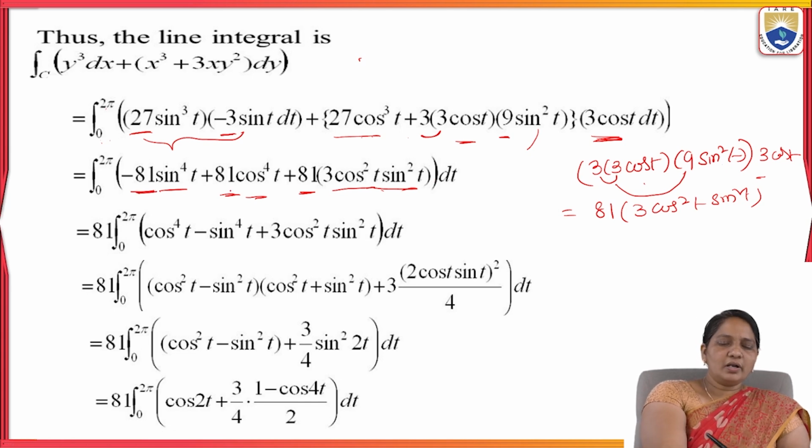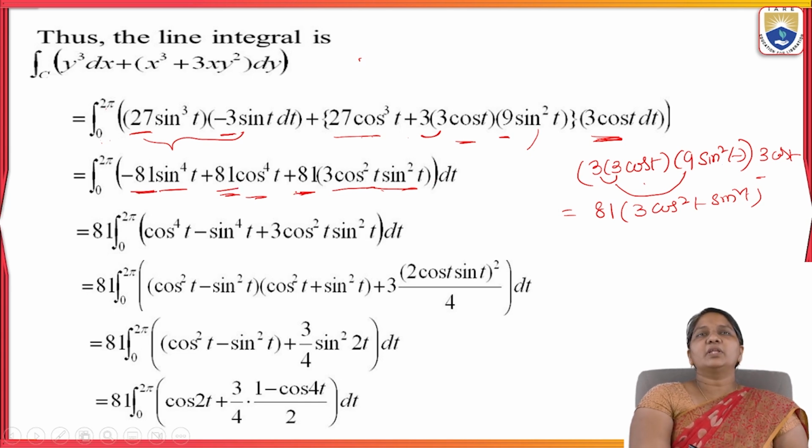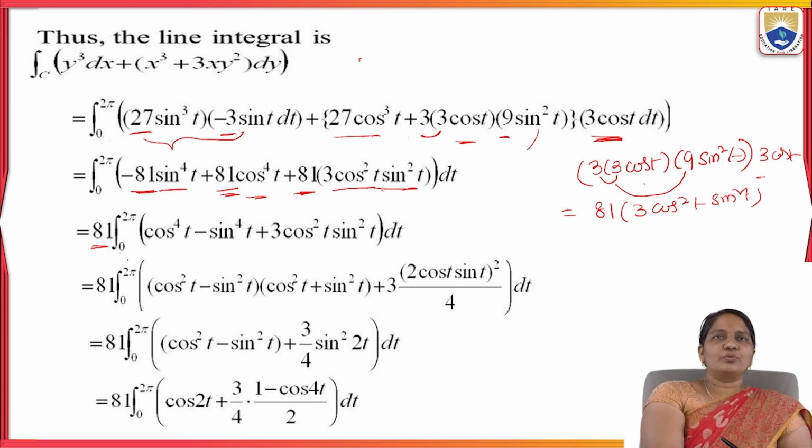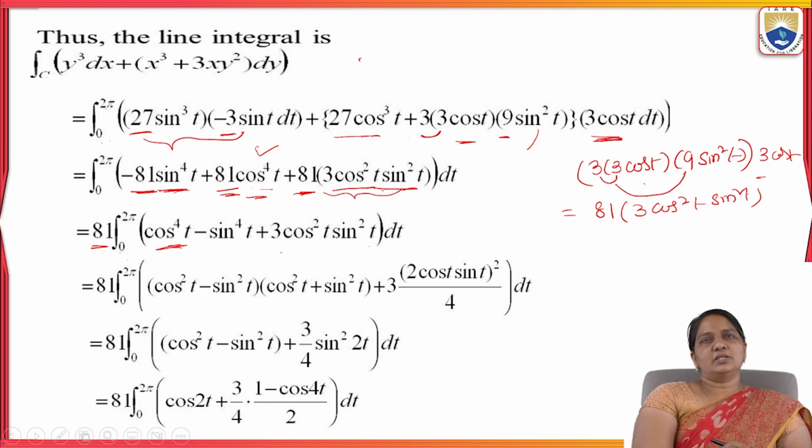Now in all the terms we are having 81, so we are taking it out. So 81 integral 0 to 2 pi. Here sin power 4 and here cos power 4. The plus value we are writing first. So cos power 4 minus sin power 4 plus the remaining 3 cos square t sin square t dt.